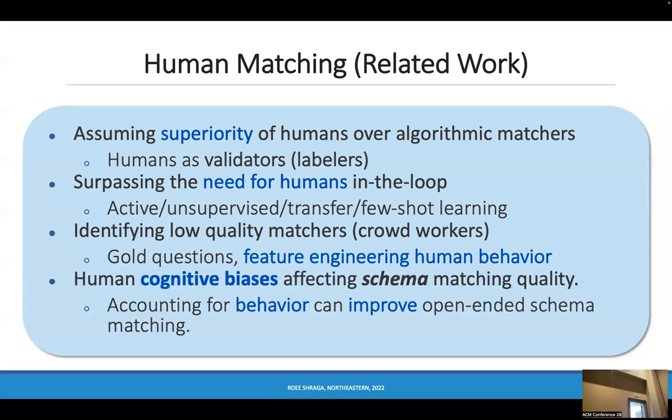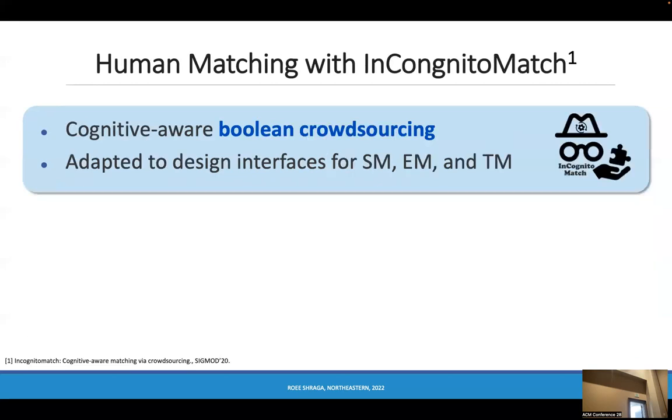If we go even a step further, we saw in the literature that humans have cognitive biases, specifically in the task of schema matching, which I referenced before. Part of my research in my PhD showed that if we account for this behavior in an open-ended schema matching, where our human has to match everything, not the binary task as we showed before, taking account of their behavior can help improve the performance.